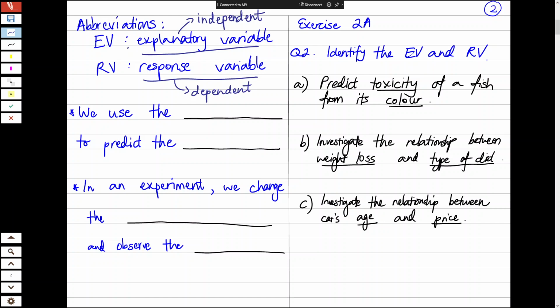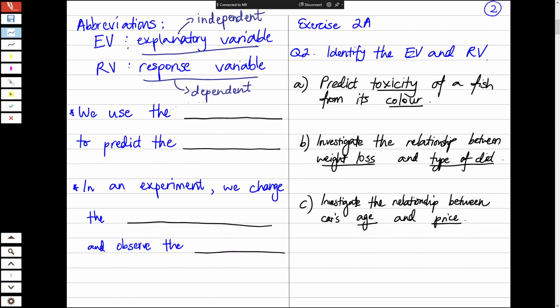Now, at the moment, these are just words. So in this class, we use the terms explanatory and response. And the idea is we try to use one variable to predict the other one. We're going to try to use one variable to predict changes in the other.